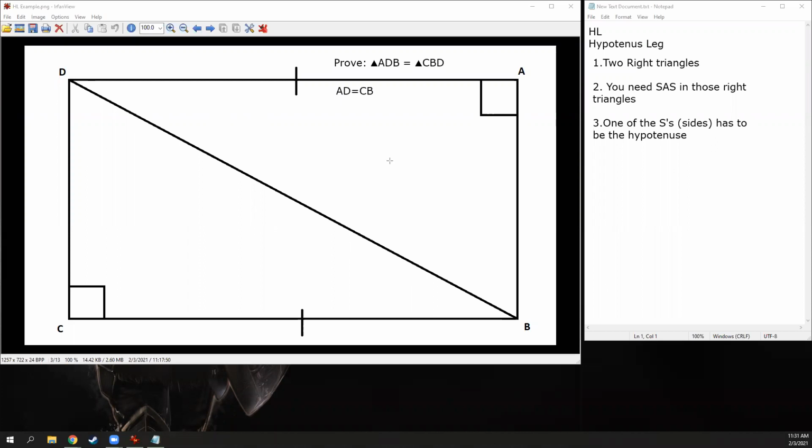But if you notice, ADB, CBD, DB, BD, they share letters, don't they? Both of these triangles have two of the same letter. And if you look right down in the middle, they have the same side, don't they? ADB, so DB is the exact same side over here in the other triangle as BD.